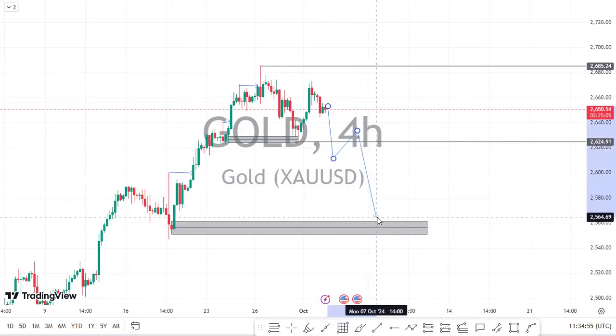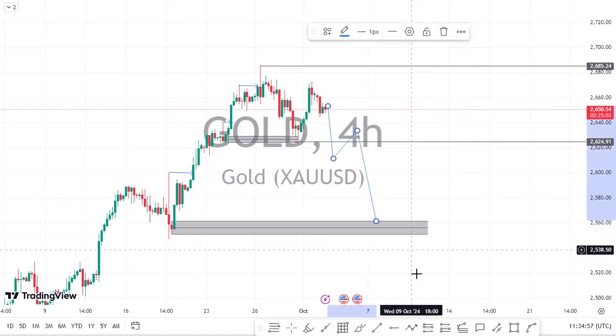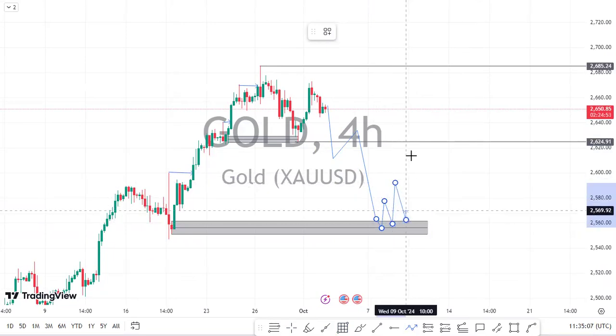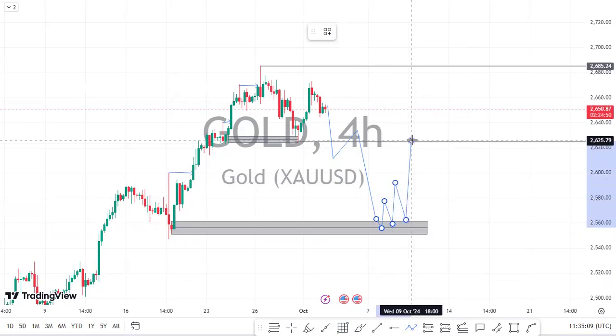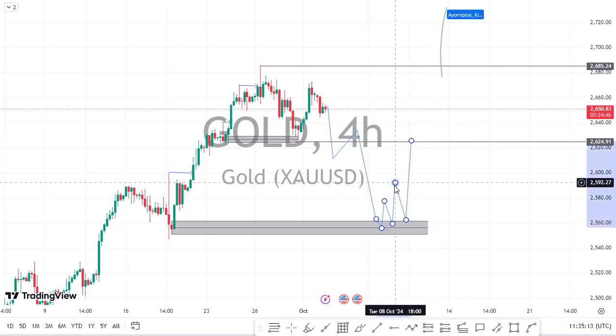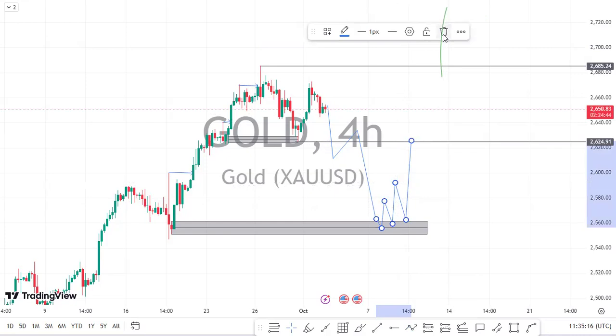So from here, I'll be looking for another good buy on gold. From this area, that would be a confirmation that gold on a smaller time frame will buy. So this is gold, this is how I'm looking at gold to buy from.